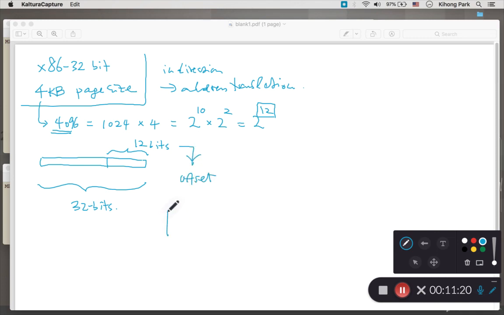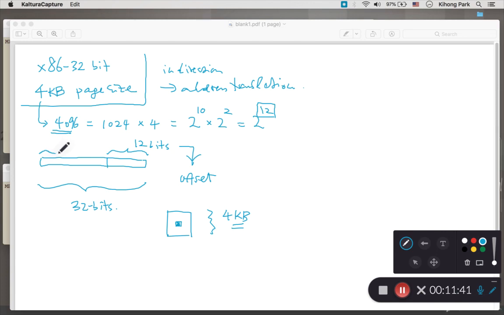So within a page which has 4 kilobytes, there's one specific byte that we're interested in. Where is it located within this 4 kilobytes? That's like an offset. And so these 12 bits are needed to identify that.